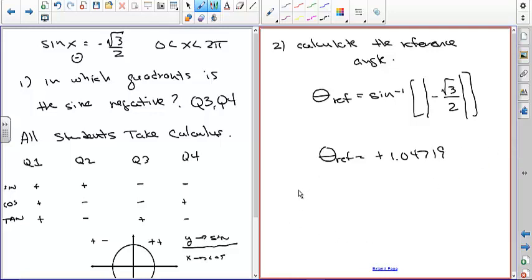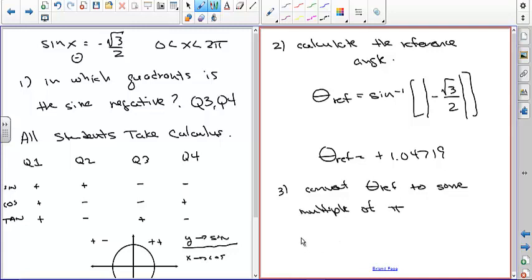Now, step number 3 is convert your reference angle to some, it's not really multiple, but I'm going to use the word multiple of pi.